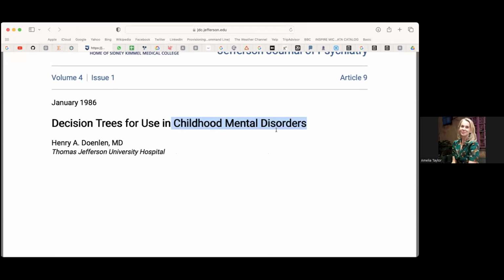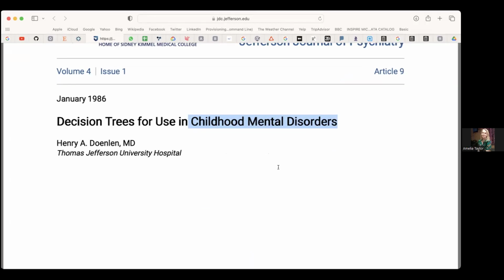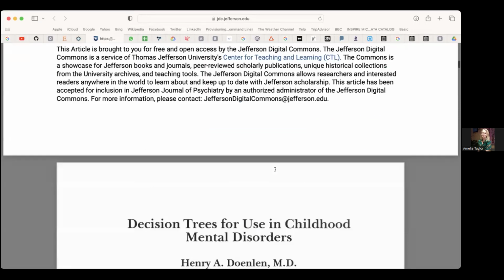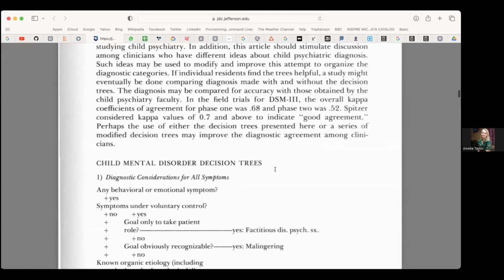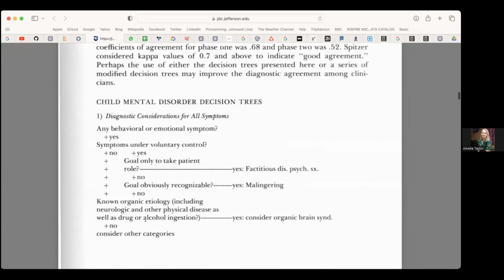Now, these trees that are numerical, I mean, they live in the realm of numbers, right? But the interpretation is in the clinical tree, basically, because you will be looking at your patients according to the best practice that's available.